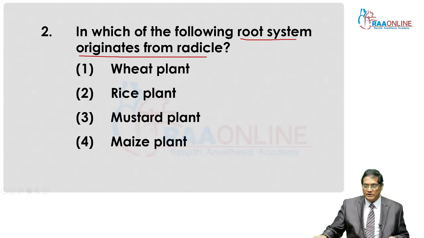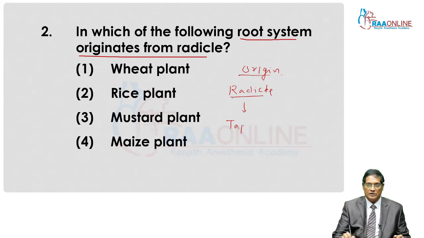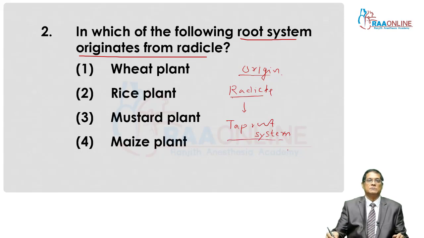If the root emerges from the radicle, that root constitutes the taproot system. And what is the radicle? It is the part of the embryo responsible for the origin of root.